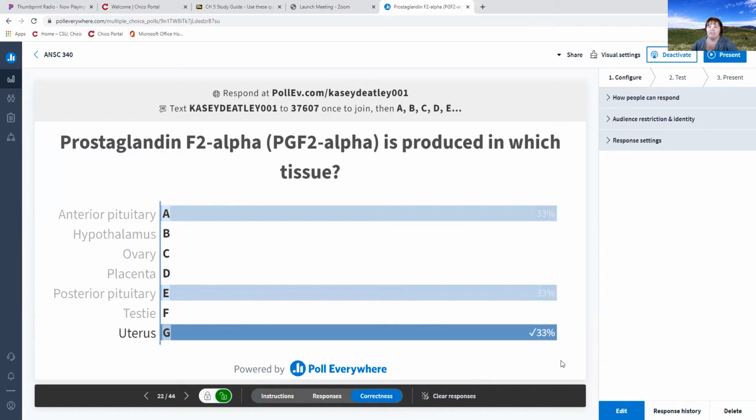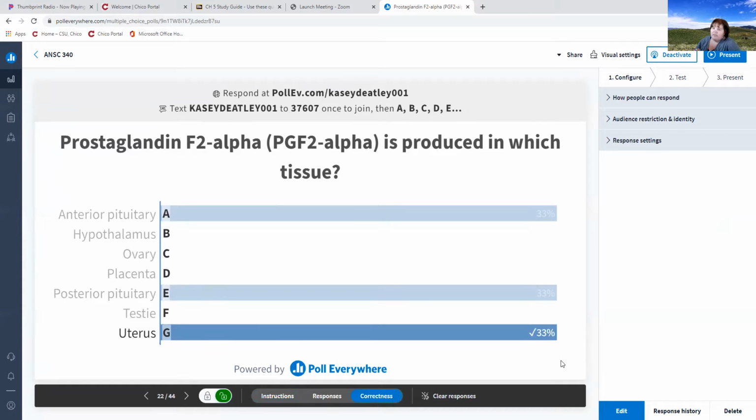Okay, so PGF2 alpha is actually produced from the uterus. It is produced in response to there not being a pregnancy in the uterus. If there's no pregnancy detected, and we'll go through the hormones associated with that in a later chapter, it basically signals prostaglandin to be produced.